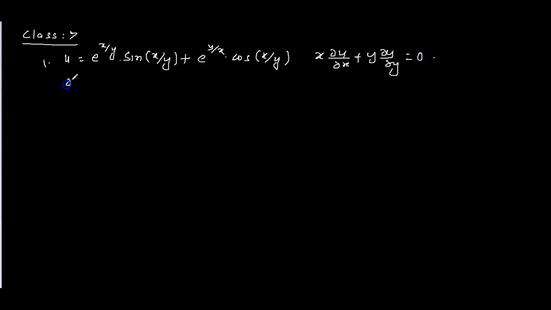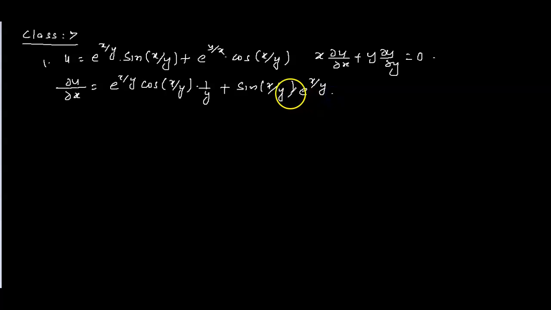So start differentiating del u by del x. Two functions, u into v: e to the power of x by y cos of x by y, and x by y with respect to x is 1 by y, plus the sine of x by y as it is, e power of x by y into the differentiation of x by y with respect to x, which is 1 by y. So this is u into dv by dx plus this one here.